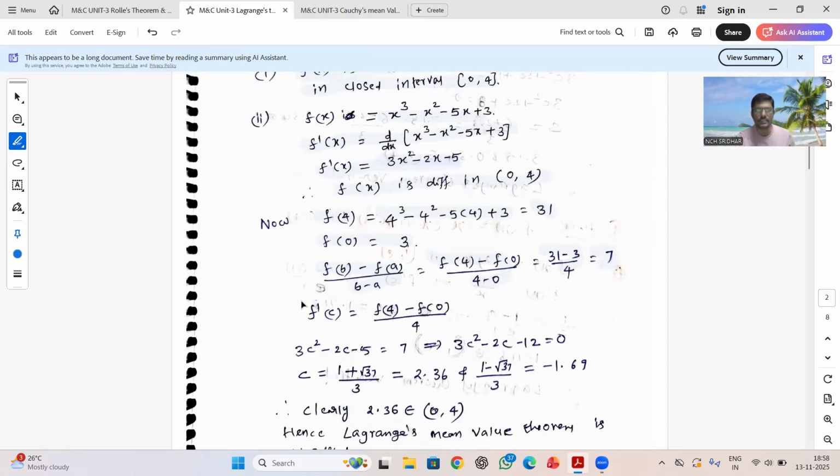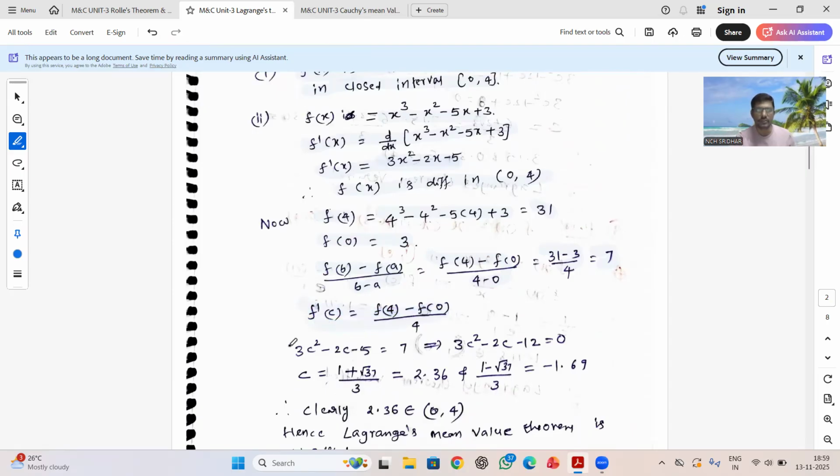Now what Lagrange's theorem states is f'(c) = (f(b) − f(a))/(b − a). Now f'(c) is nothing but in the place of f'(x) we need to substitute c in the place of x.